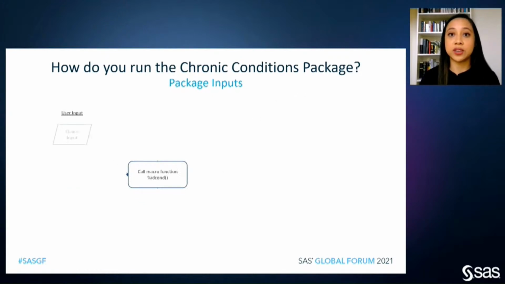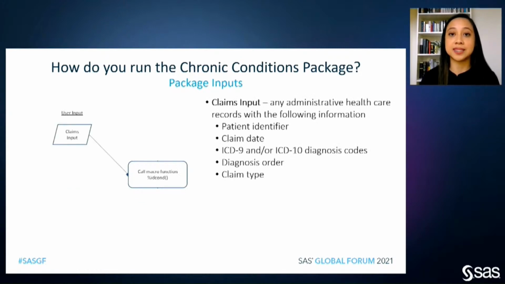After you've decided whether or not you want to customize your algorithm, the next step is to process your claims input data. The package will accept any administrative health records with the following information: a unique patient identifier, a validated claim date, the diagnosis codes on the claim, the order of the diagnosis code, and the location or the claim type.